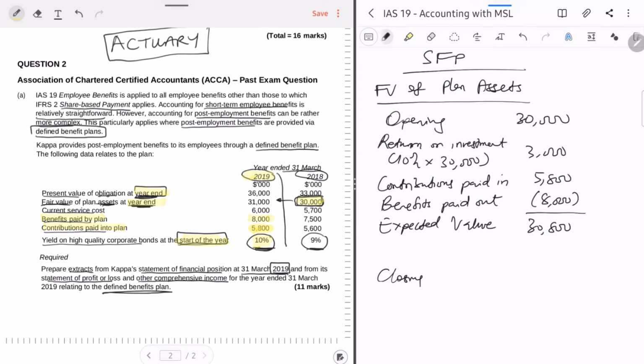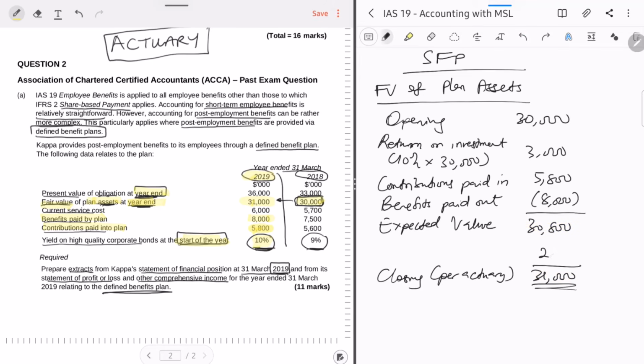So we say closing per actuary. If you watch here carefully, fair value of plan assets at year end, actuary said they are expecting 31,000 right here. So we come here and put 31,000. So what is the difference between 31,000 and 30,800? That gives us 200.